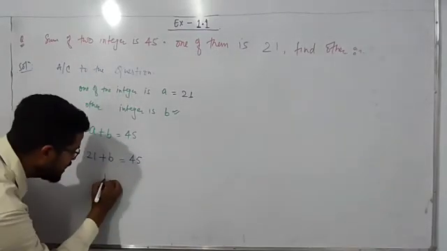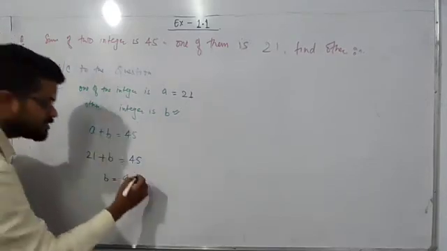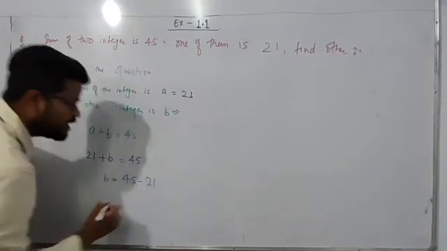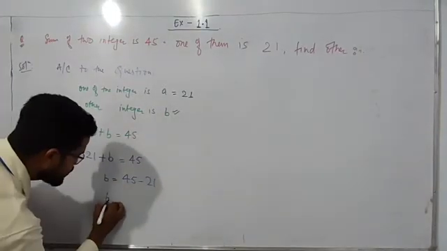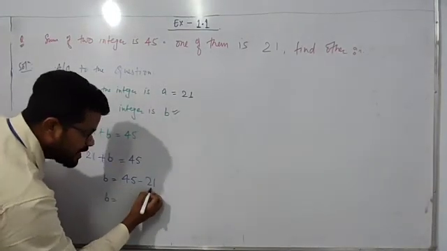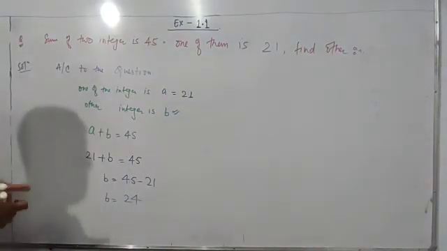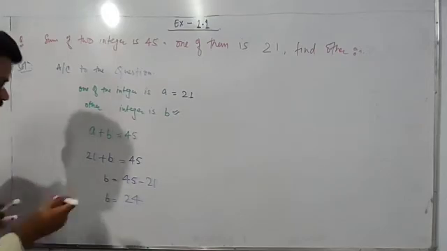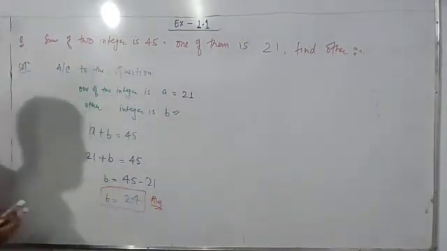So b is equal to 45. This plus 21 will become minus 21 if it goes to the other side. So b is equal to 45 minus 21, which is equal to 24, and this is your answer. This 24 is your answer.